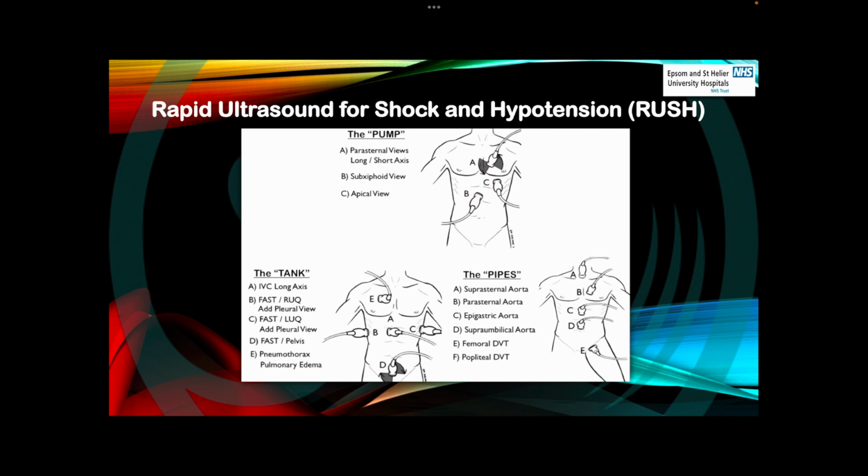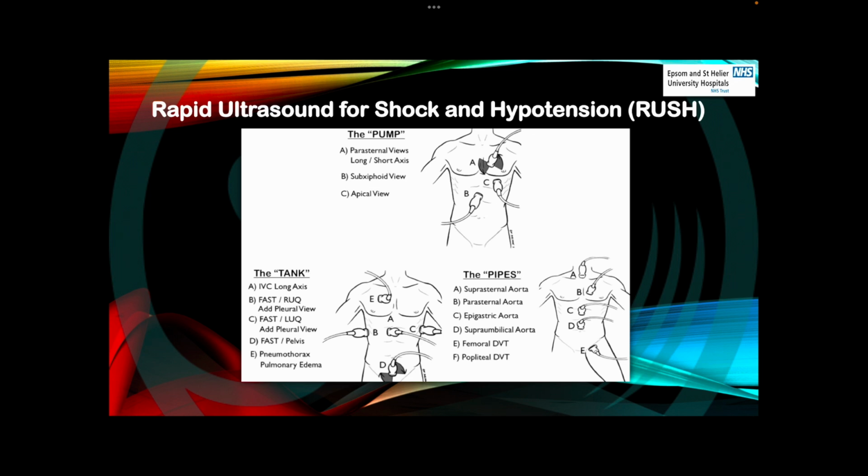Also, in the tank, the question is, is the tank full? Is there any leaking, or is there any compromise in the tank? Fullness of the tank means evaluation of the inferior vena cava and the jugular veins for size and collapse with inspiration.